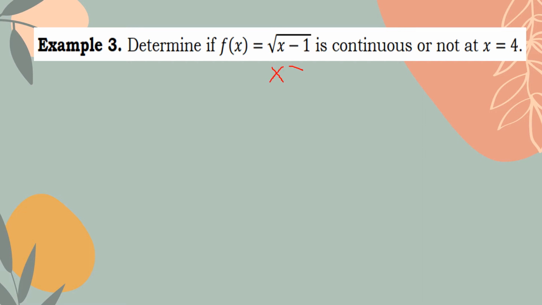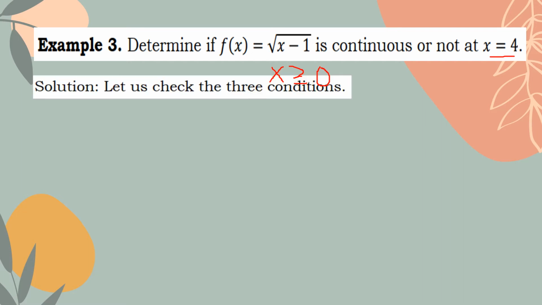X should be greater than or equal to 0. So, at some point, mayroon din ka, 4. Is 4 greater than or equal to 0? The answer is yes. So, meaning to say, the value of 4 here, when substituted to our function, will not make the function undefined. So, defined siya. So, pwede. Kung imo siya i-substitute.